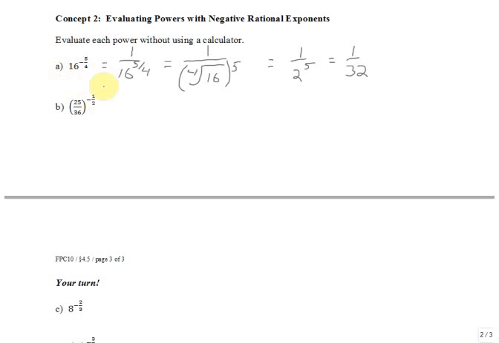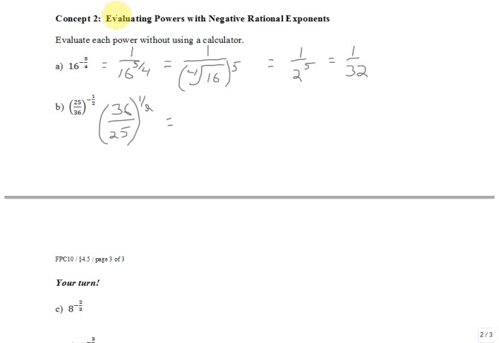And this one, first thing to do is get rid of that negative exponent by flipping what's inside the brackets. So this is 36 over 25, all to the 1/2.